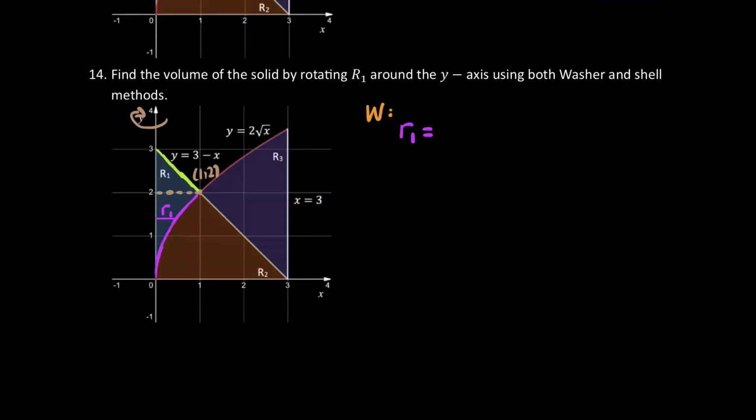So again, x is y squared over 4. The upper portion, okay, so for the line here, x is 3 minus y.